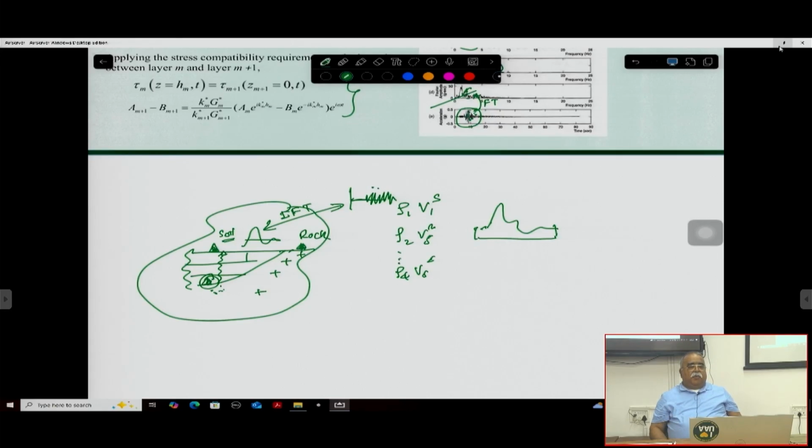But there is a problem. Now what is the problem? The problem is that the seismic hazard level of Japan is not the same as the seismic hazard level of the site where you are analyzing. So their hazard level of recordings is different.